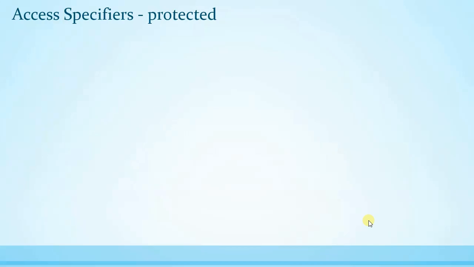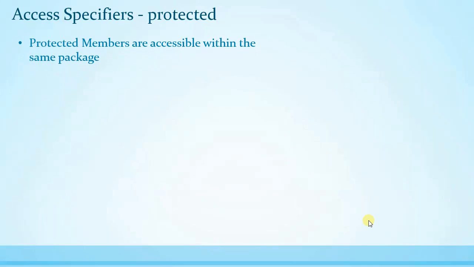Now let us look into the protected member. Protected members are accessible within the same package. Previously we saw that a public member is accessed anywhere. A protected member has some restriction on top of public. We will see what that restriction is, but if it is within the same package, there is no restriction.